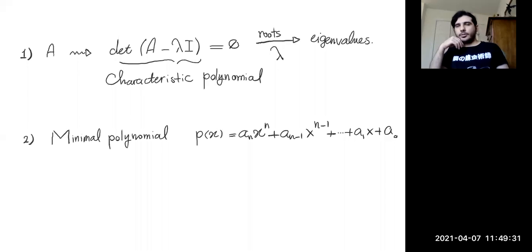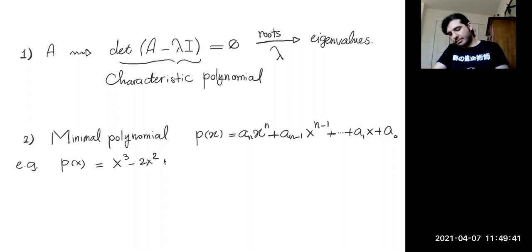This is just a polynomial. For example, just as an example, let's write something: x cubed minus 2x squared plus 3, something like this.